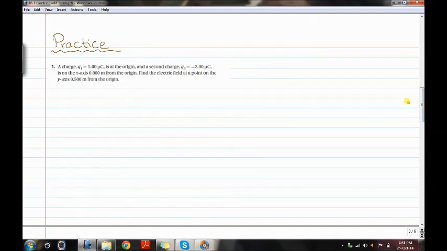Now we have practice D in the book. The first question: a charge Q1 equals 5 microcoulomb is at the origin, and a second charge Q2 equals -3 microcoulomb is on the x-axis 0.800 meters from the origin. Find the electric field at a point on the y-axis 0.500 meters from the origin.